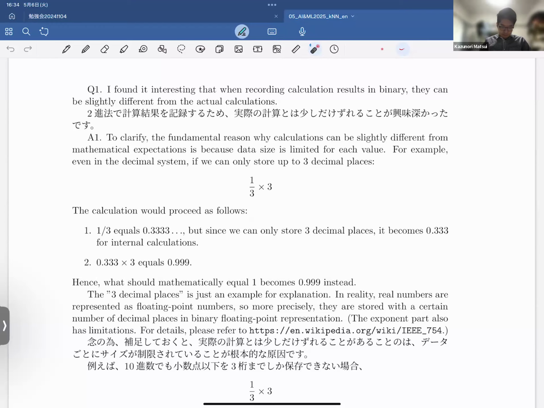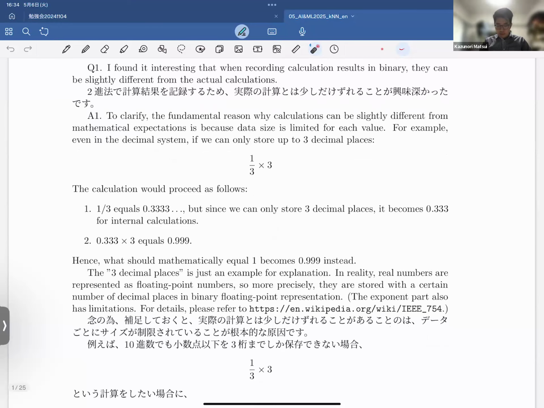For example, let's say we can only store up to 3 decimal places in the decimal system.